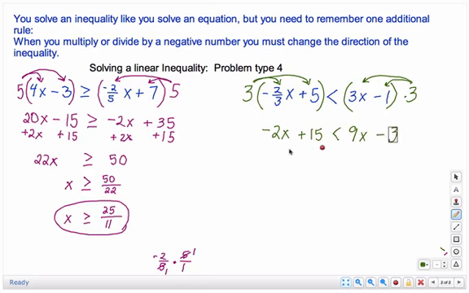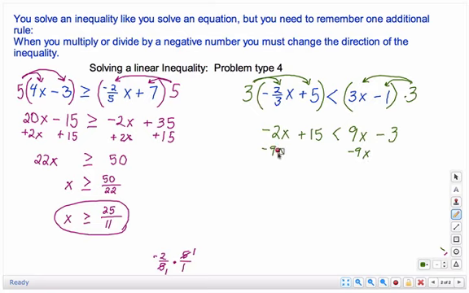Okay, so now we have this inequality here. Let's put our x's on the same side and our numbers on the other side. I'm going to move this 9x over to the left, so I'm going to subtract 9x from both sides.